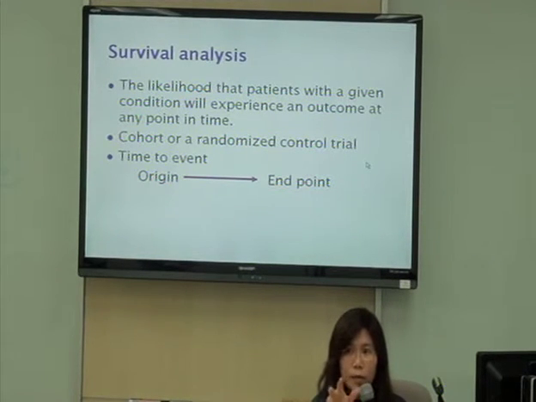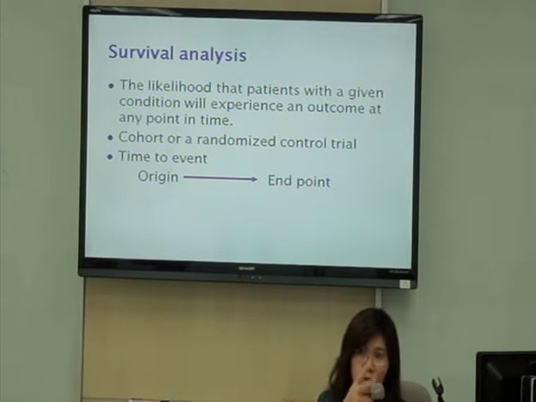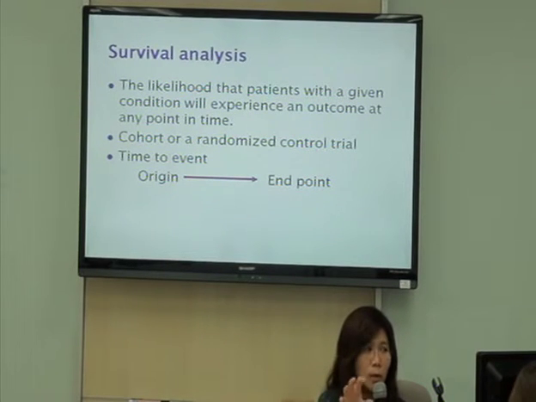So that's why you can see it might be hard to count the number at the beginning, because subjects do not start at the same time. That's why we mostly use survival analysis in cohort studies, because it's hard to find a fixed cohort. Mostly we deal with a dynamic cohort.